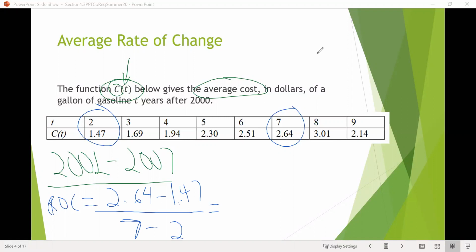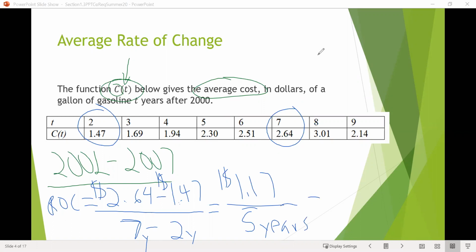And let's also put our units on these. The top things are dollars, and the bottom ones are years. I'm just going to put Y for right now. So we can calculate this out. We have 2.64 minus 1.47, which gives us $1.17 on the top, over 7 years minus 2 years, which gives us 5 years.